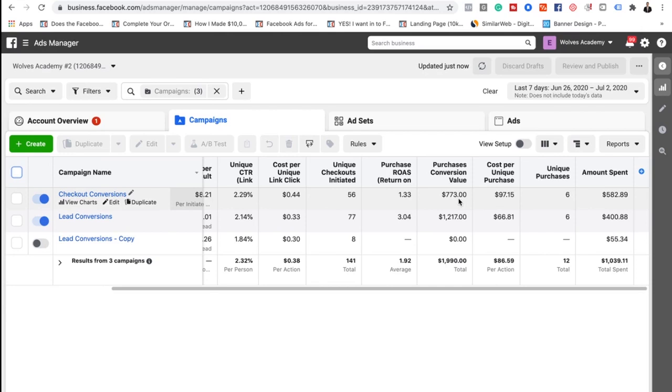That's around 120. Because I'm not within KPIs on my cost per purchase, my return on ad spend is only 1.33. However, if my cost per purchase was about 60, which is within KPIs, and I'm within KPIs on both, I'd be at about 2x return on ad spend, which is my goal KPI.